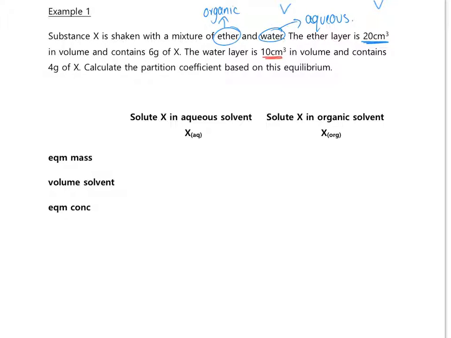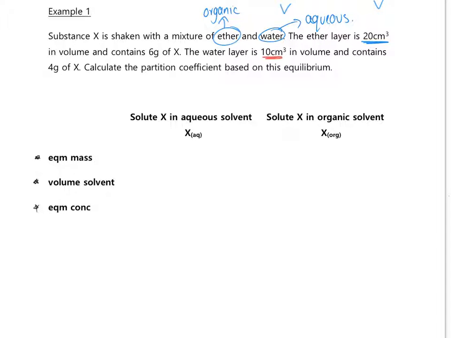So you'll see that our values down the left hand side are a little bit different. We've got the equilibrium mass, the volume of the solvent, and the equilibrium concentration in this case. This is the very simplest example, and all we have to do first of all is fill in the values that we've been given. Let's look at the ether layer first, which is the organic layer.